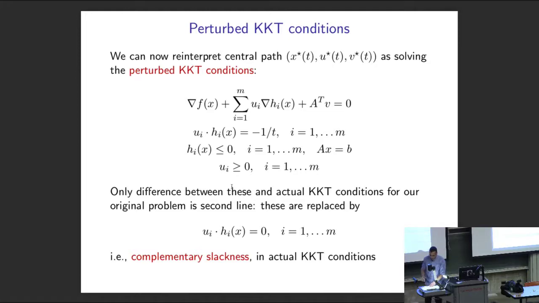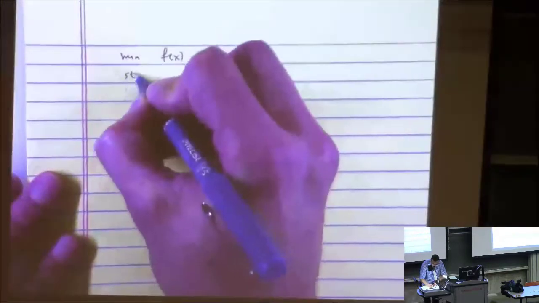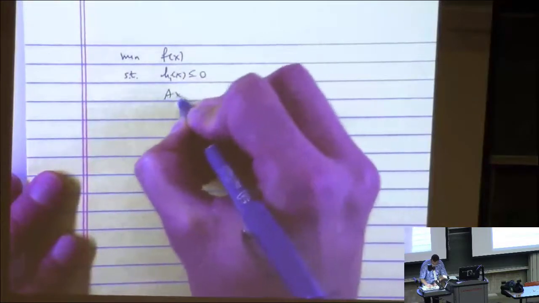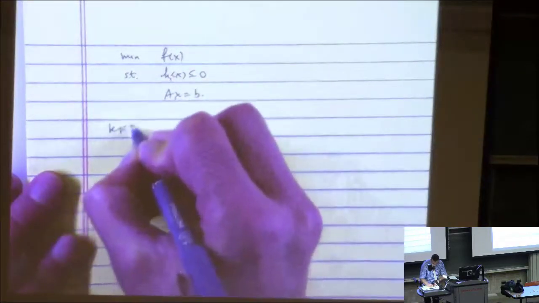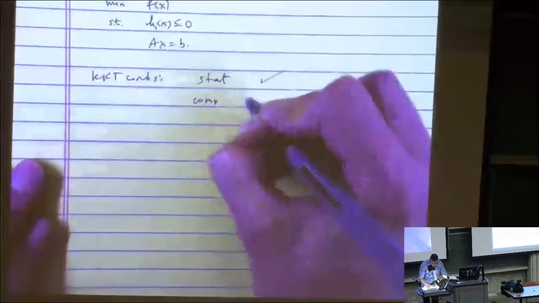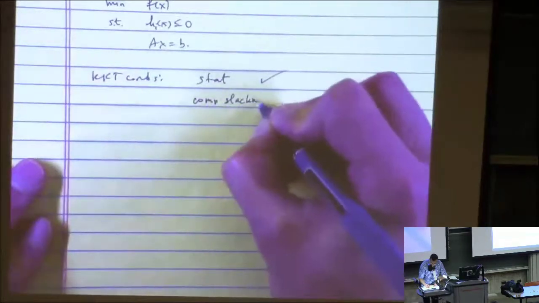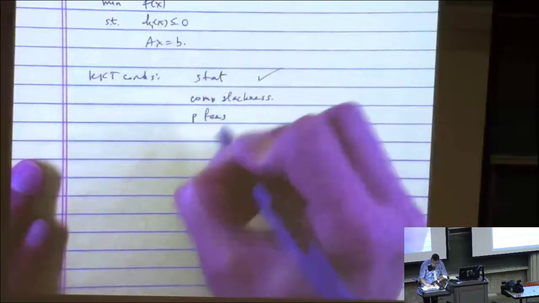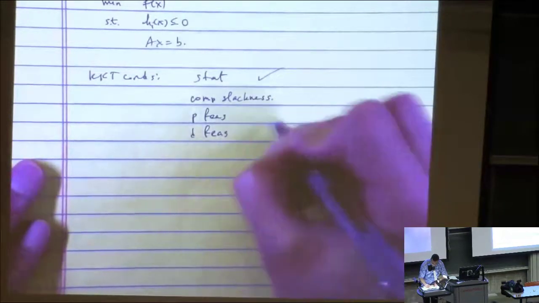The KKT conditions for our original problem, min f of x, are going to be stationarity, which we have, complementary slackness, primal feasibility and dual feasibility, which we have.